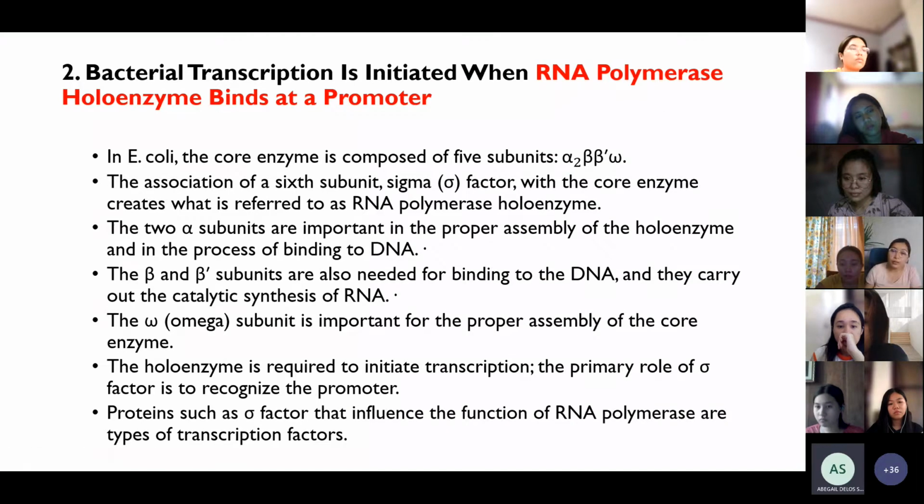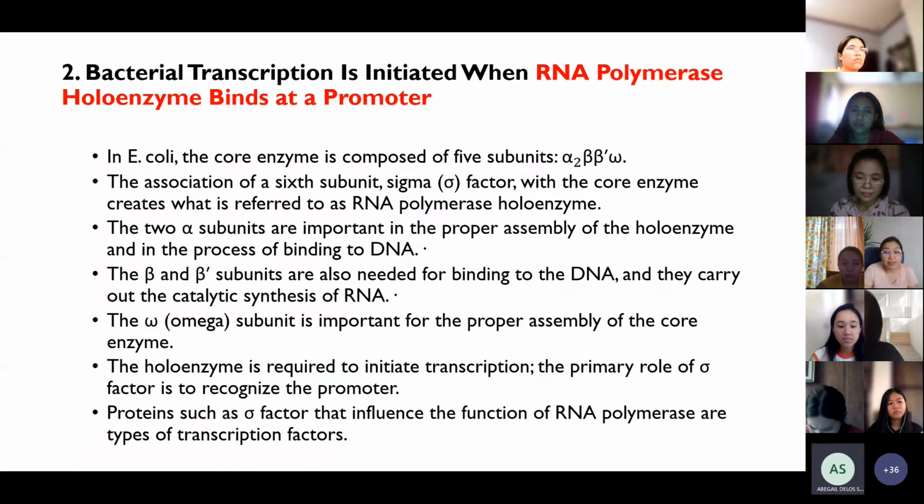Okay, so bacterial transcription is initiated when RNA polymerase holoenzyme binds at our promoter. We have considered the DNA sequences that constitute a functional promoter. Now, let's turn our attention to the proteins that recognize those sequences and carry out the transcription process itself.